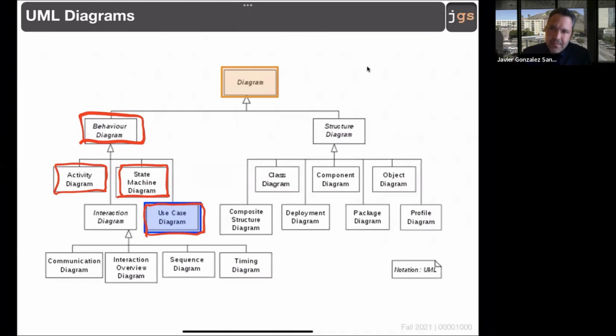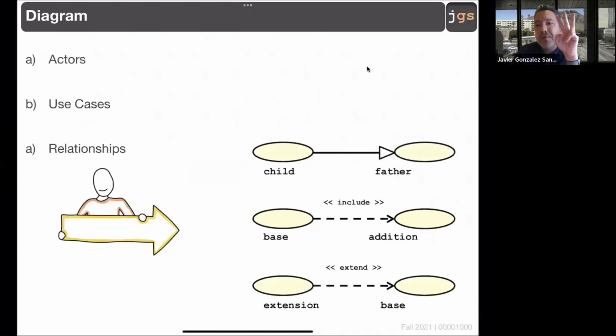In these diagrams, use case diagrams, what do we have? We have three elements. There is only three elements. The good news, you're going to find those three elements familiar. Why? Because we have been already using some of those elements. What do we have? Number one, we're going to have actors. Remember?